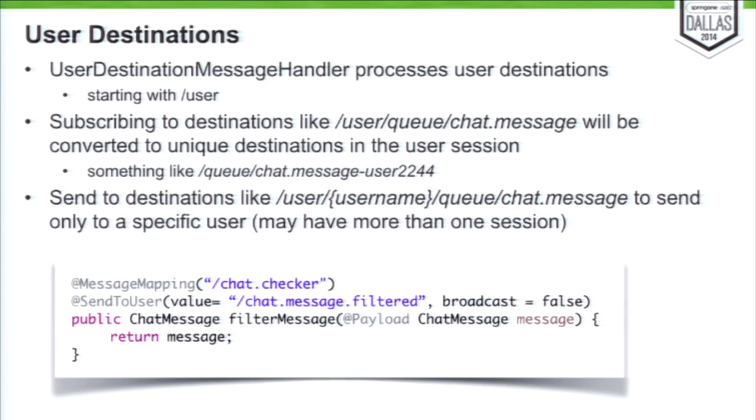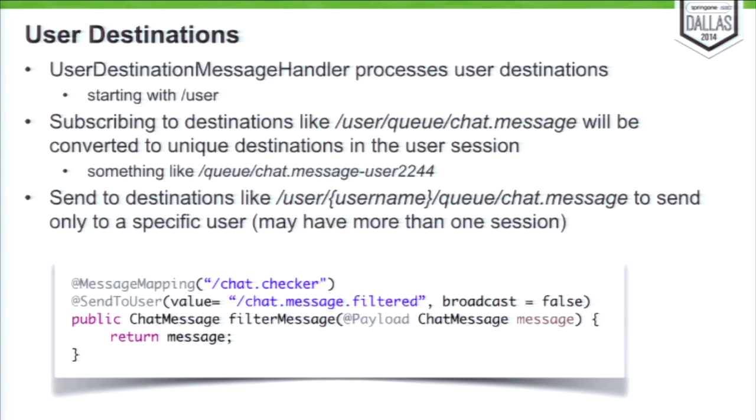So how can we send a message to a specific user? We have these destinations starting with /user. After that, we can specify your user, and you define the destination name, which will be /q/chat_message. And here's a convenient annotation to forward the response of a controller to a user directly.